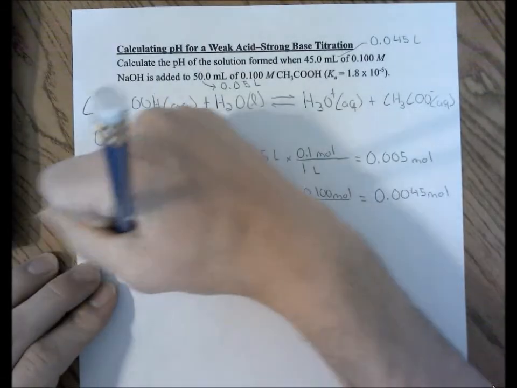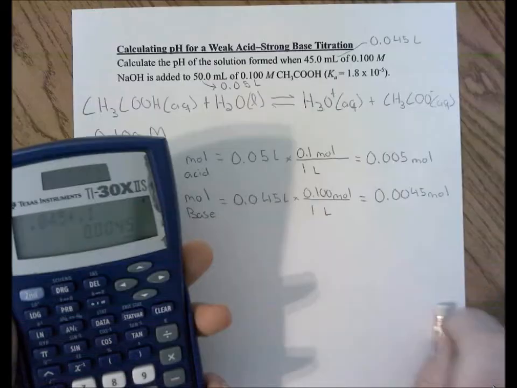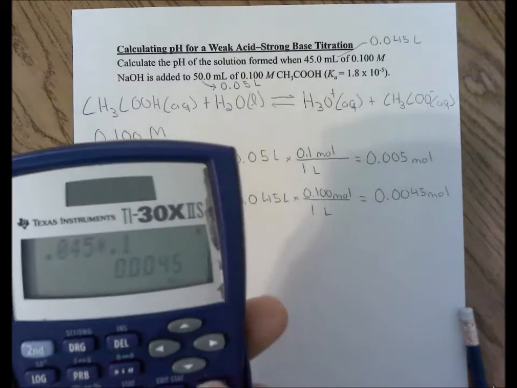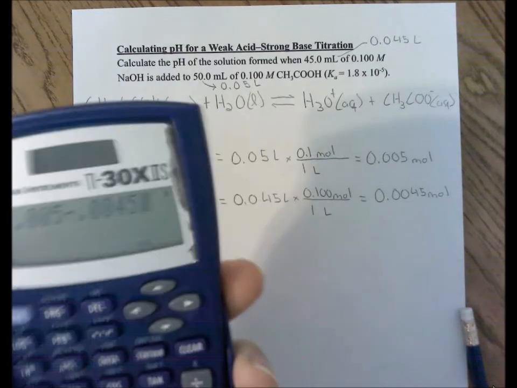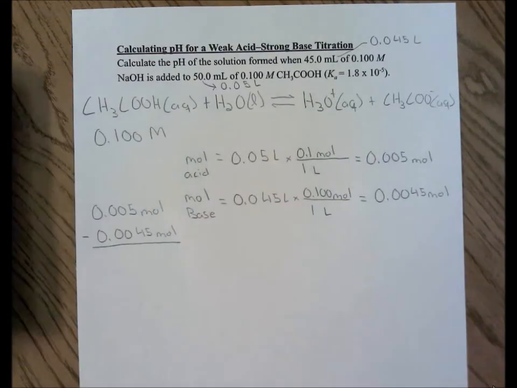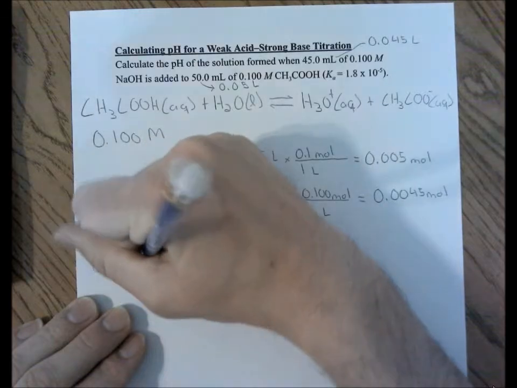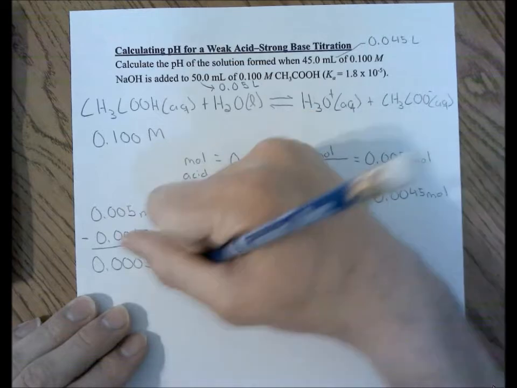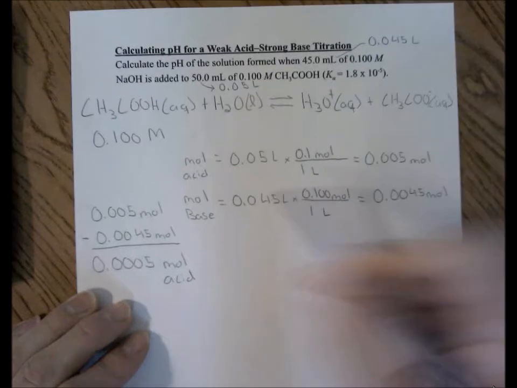When we perform this calculation, we take 0.005 minus 0.0045, and we end up with 0.0005 moles of acid that is left. Now, we have to think about this.